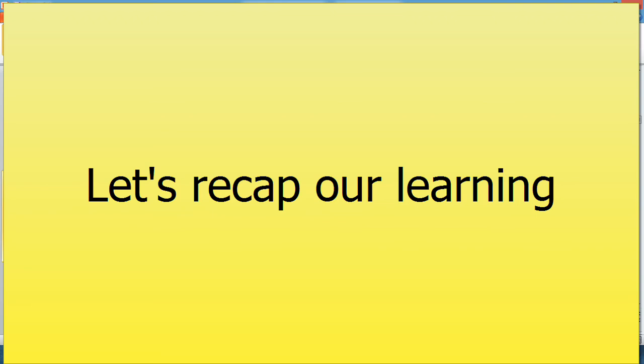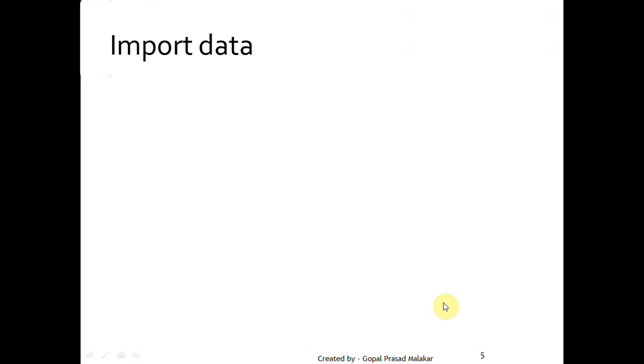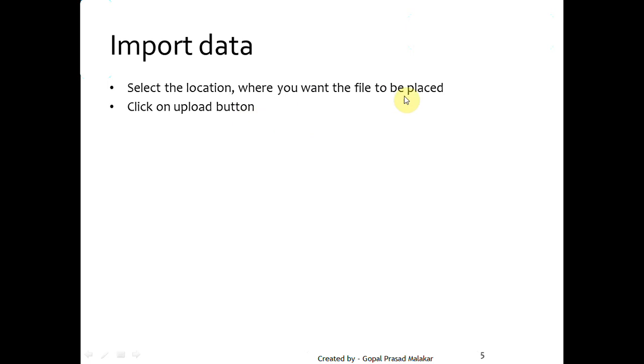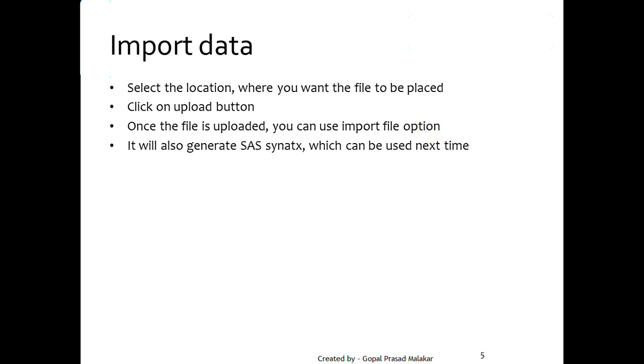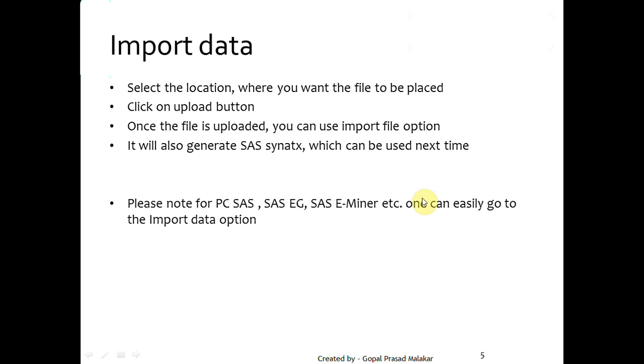Just to recap, you need to select the location where you want to place the file, and then you can click the upload button. Once the file is uploaded, you can use the import option, and it generated the SAS syntax which we can use next time.